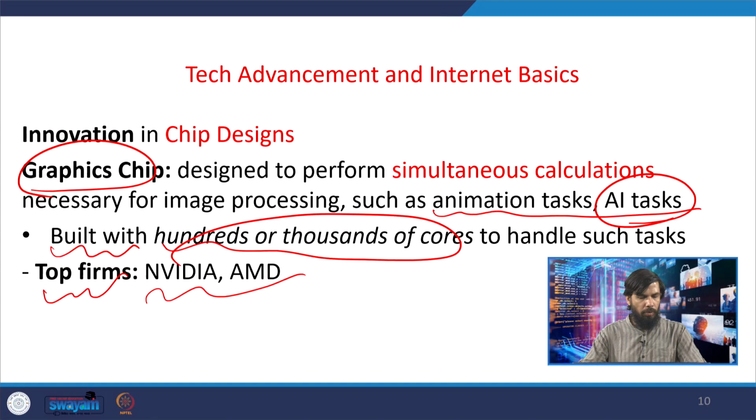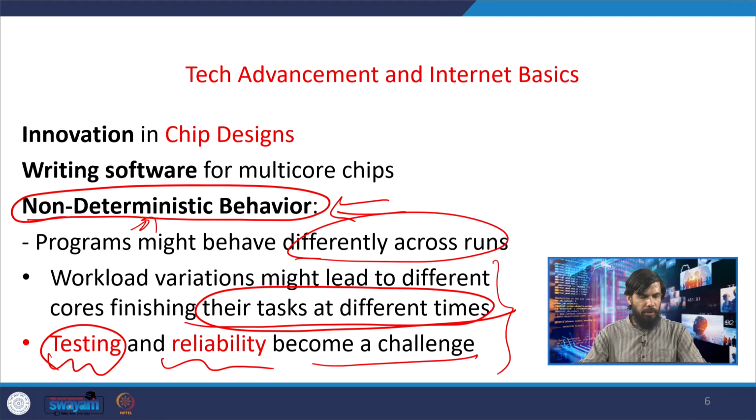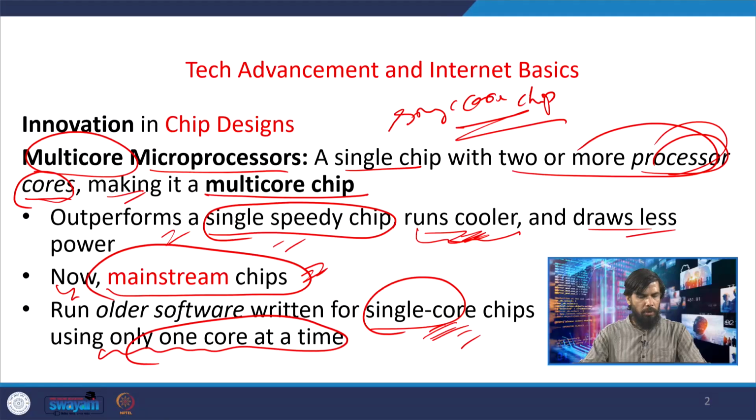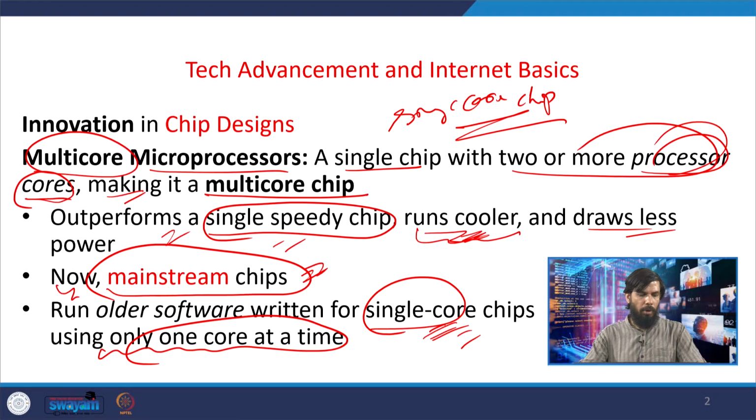What we'll do now is a quick summary of what we discussed in this session. We started with the main innovation that happened in the early 2000s, multi-core chips. A multi-core chip is a move away from a single-core chip towards two or more processor cores. It was found that multi-core chips outperform single speedy chips, run cooler, draw less power, and have become mainstream since then.